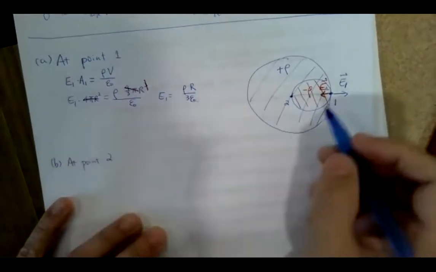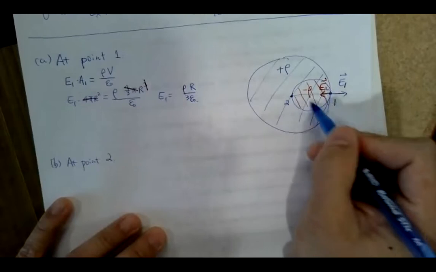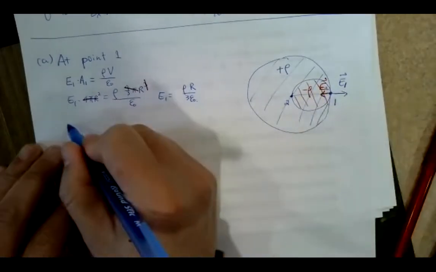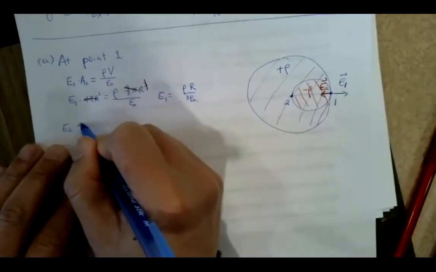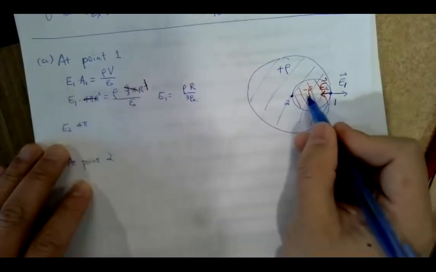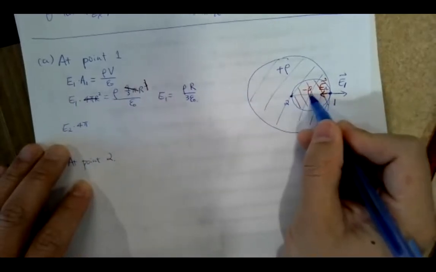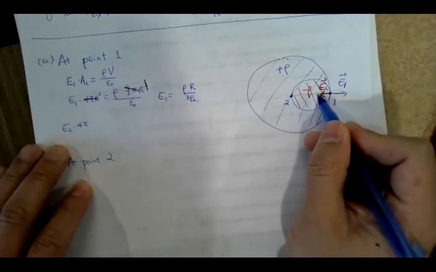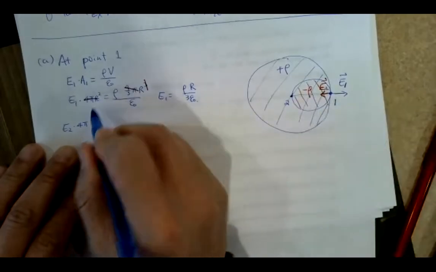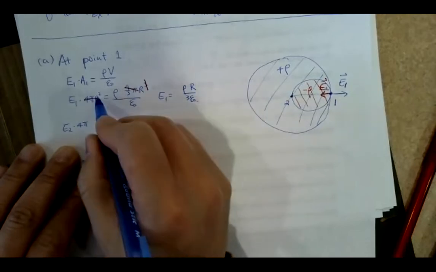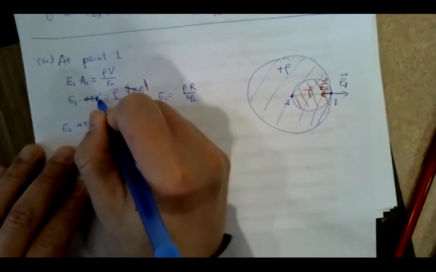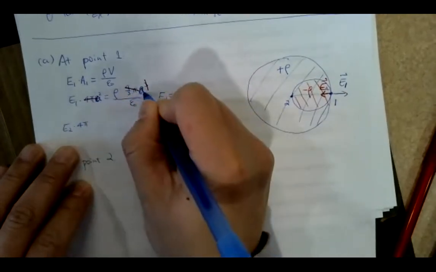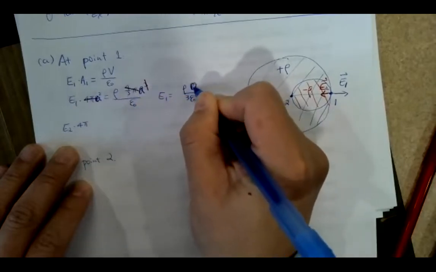Similarly, for E2, you can take that small sphere. So then E2 times 4 pi, the small radius, right? Which in this problem it says is B. So it will be B. Or actually, in the first case, the r is A. So A there.